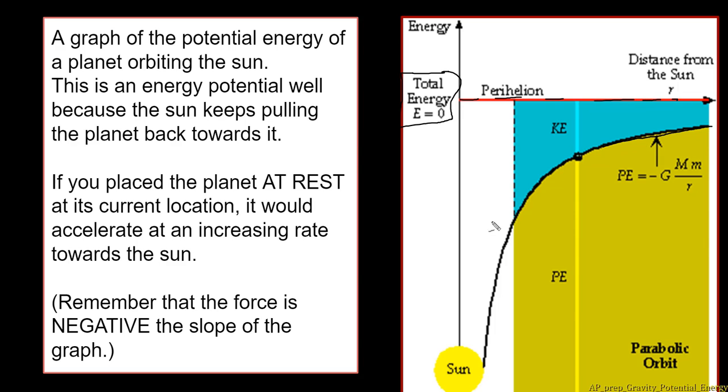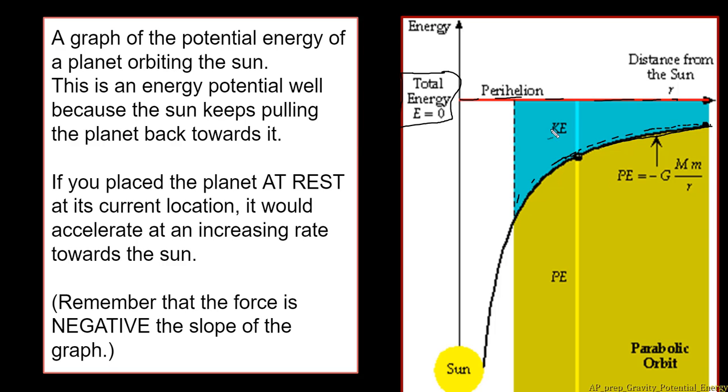All right, so this is the sun, let's pretend we put the Earth right here at rest. It would move towards the sun, gaining speed, right? Because the sun is doing positive work on it. It's pulling it in the direction of motion, and what's going to happen to the kinetic energy? That green or aqua area is increasing. But again, I'm sorry, we're not looking at the area.